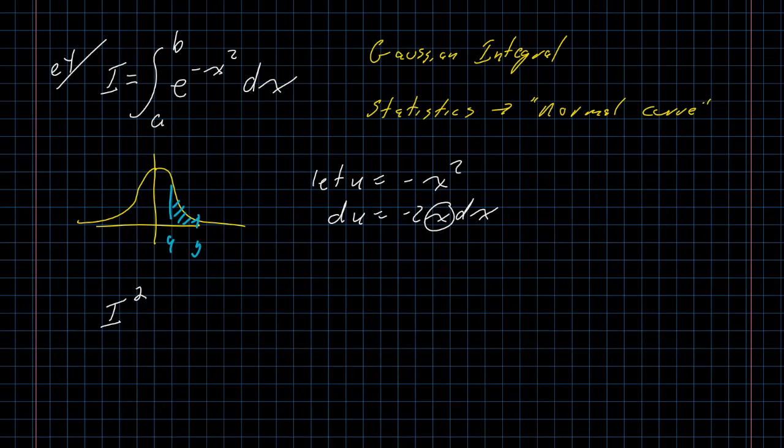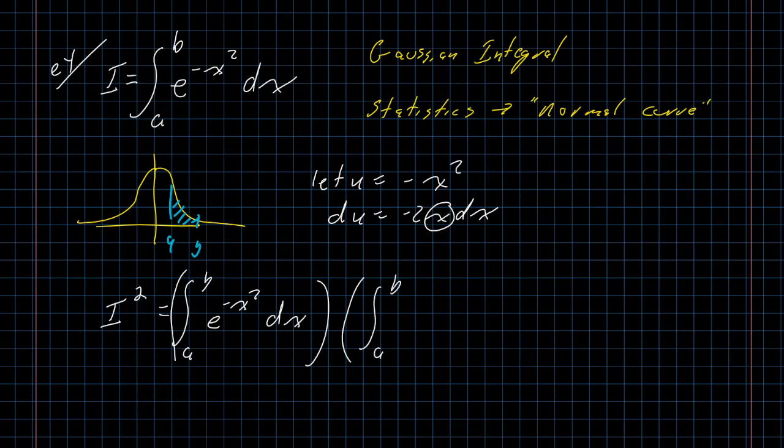So what if instead of I calculated I squared? Well, I squared is the integral from a to b of e to the minus x squared dx multiplied by the integral from a to b of e to the minus x squared dx.